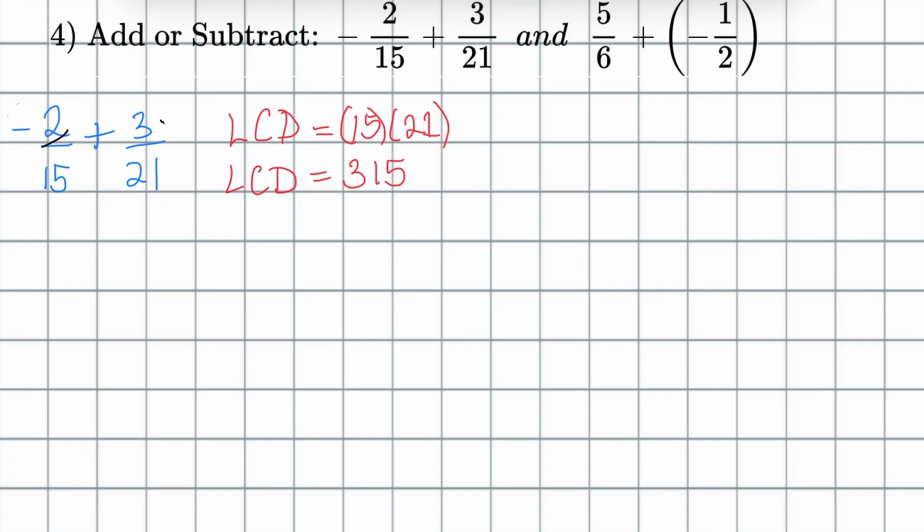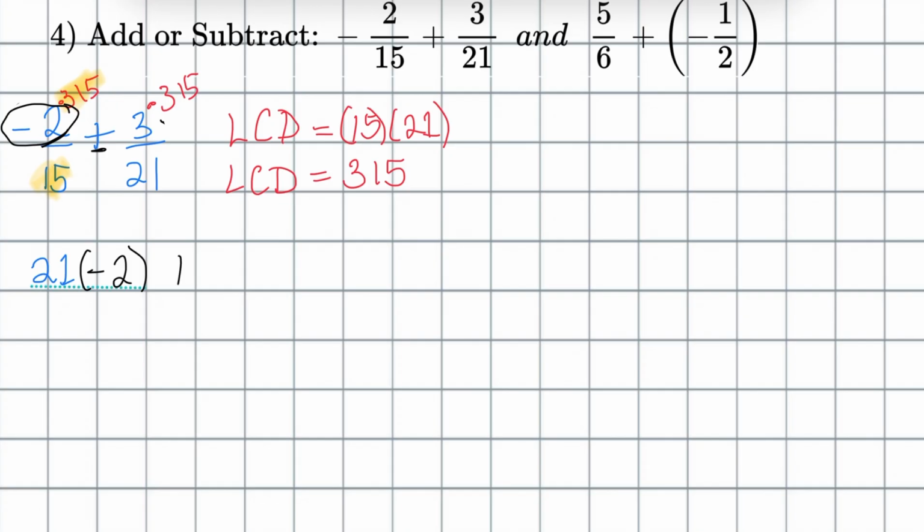I'm going to show you how. The first step is to multiply 315 by each fraction. But the faster way, in my opinion, is to divide 315 by this number, and that's going to give you the opposite number, which is 21. Then you multiply 21 by whatever is left here, so you multiply 21 by negative 2.